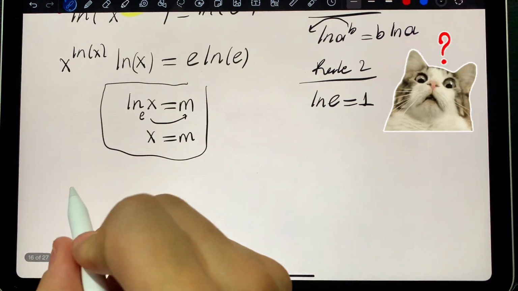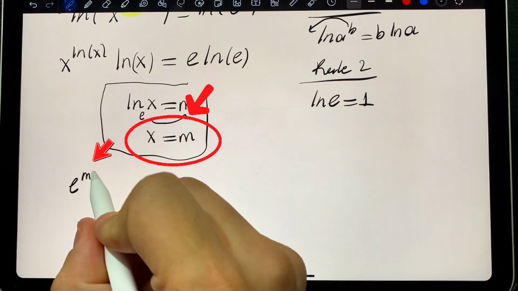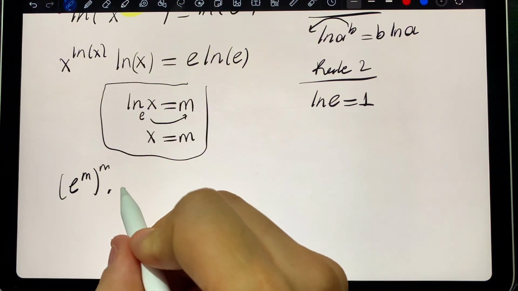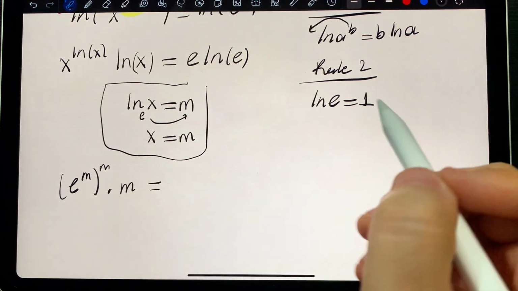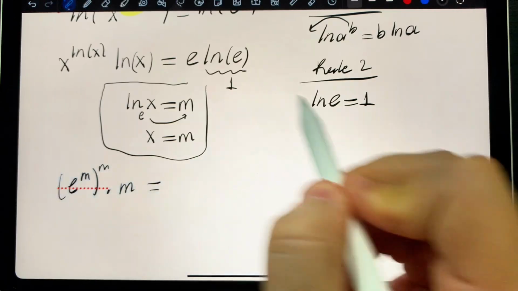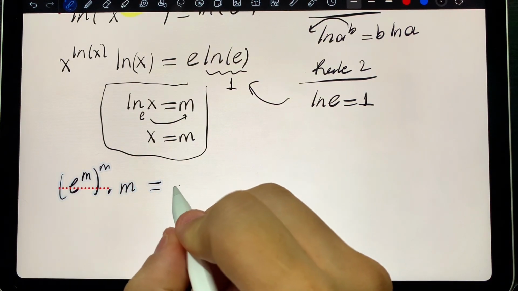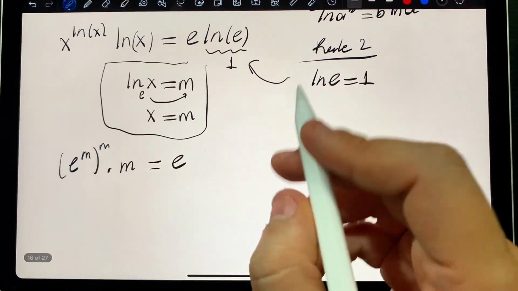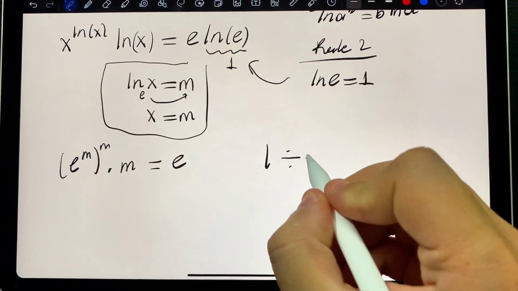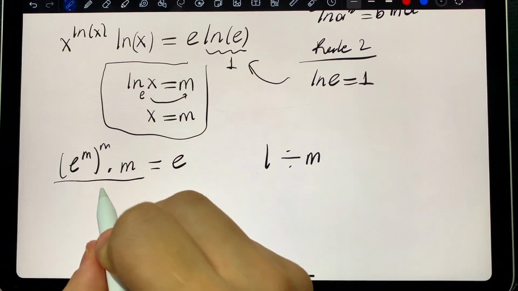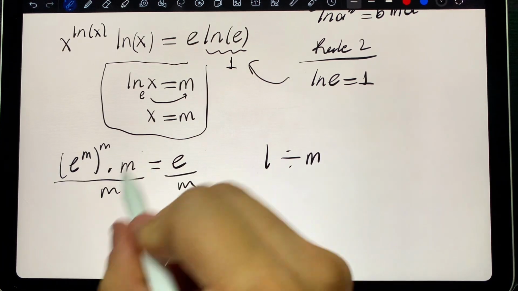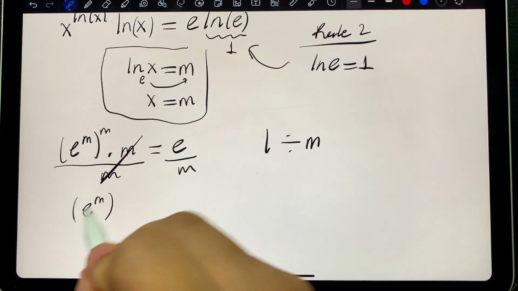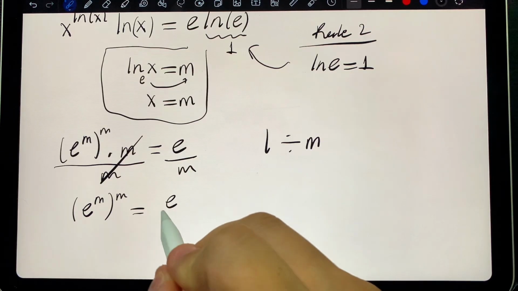Then e power m times m equals a. Now divide by m. e power m equals e over m.